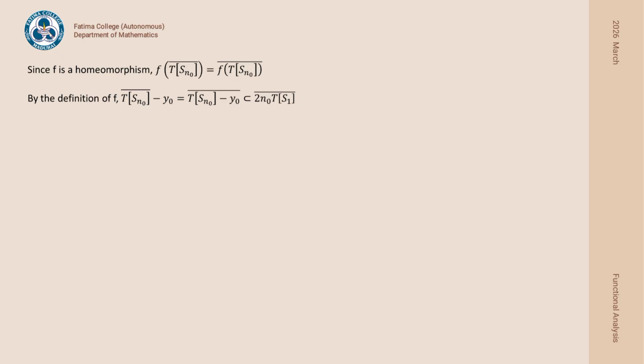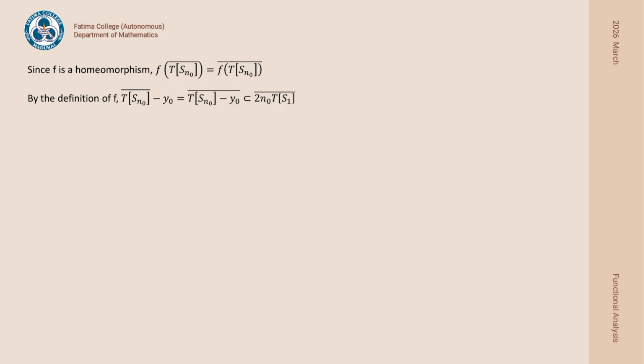Since f is a homeomorphism, we know f of A closure is equal to f of A the whole closure. As here f is a homeomorphism, f of T of Sn naught closure is equal to f of T of Sn naught the whole closure. By the definition of f, we know f of y is equal to y minus y naught.